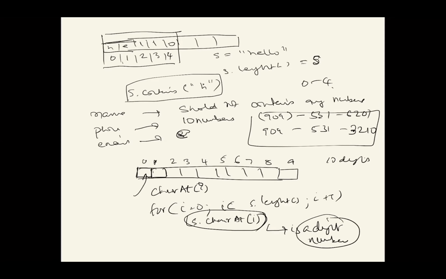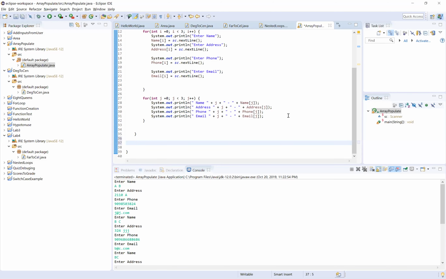So, we write a few functions. The first function we write is public static boolean. We want to see if it's true or false, whether it's correct or not. Boolean is basically a type of variable which is true or false.